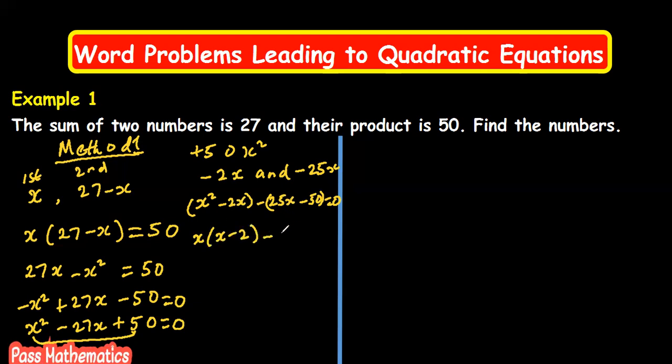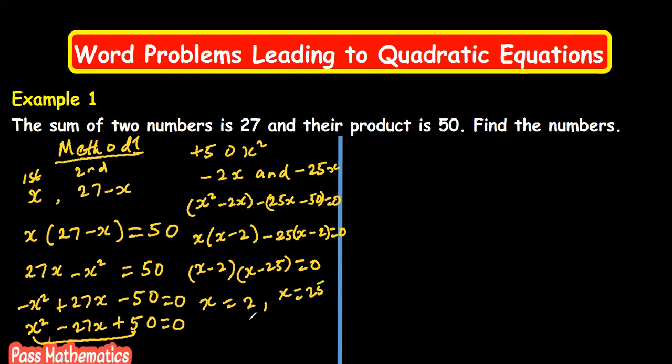Let's factorize the other one. So 25 will be out, and then we should have x minus 2 here equal to 0 as well. Now we have the same term in these 2 brackets, so we just pick one of them, this x minus 25 equal to 0. So here we should be having x equal to 2 or x is equal to 25.